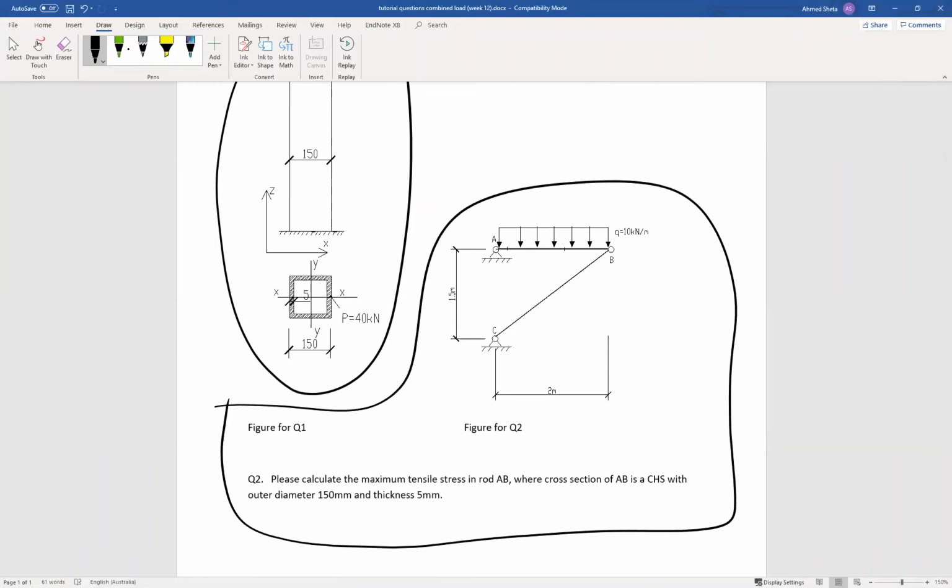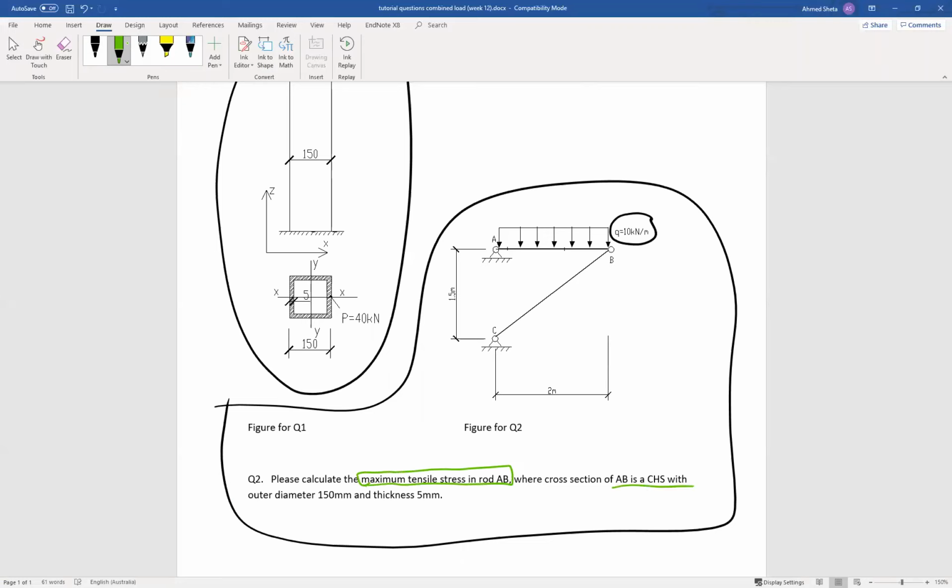For question 2, we have a simple beam AB, supported by a hinge at A and a link member CB, or BC, and we have an applied load Q equal to 10 kilonewton per meter, and the requirement is to find the maximum tensile stress for member AB.